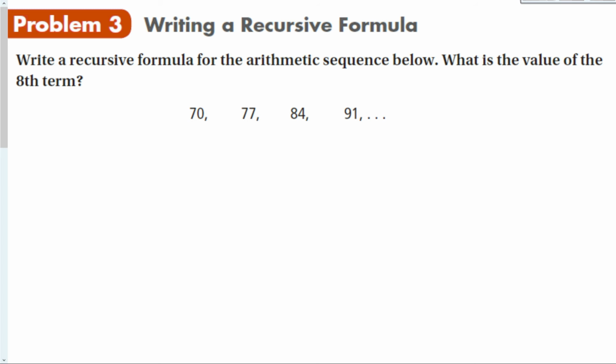What is the value of the 8th term? So I have 4 terms, so that's not so bad. And I can see that my common difference is 7 for all of them. So a of 1 would be equal to 70.